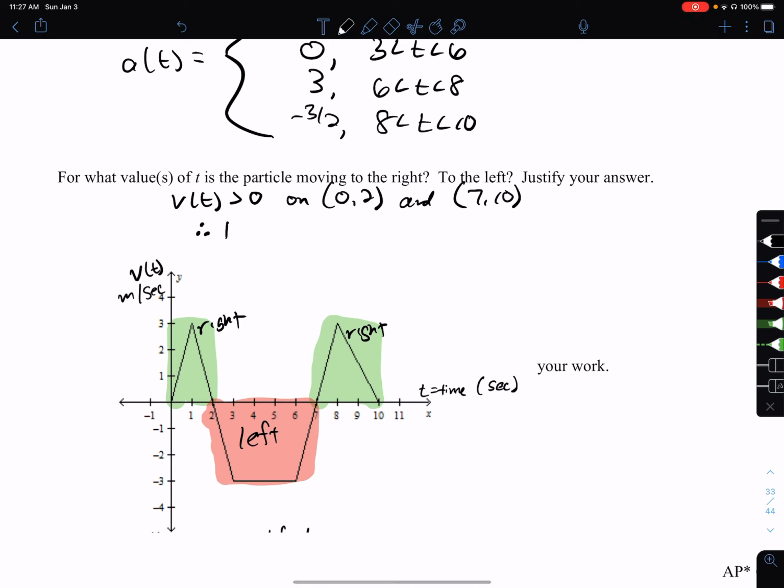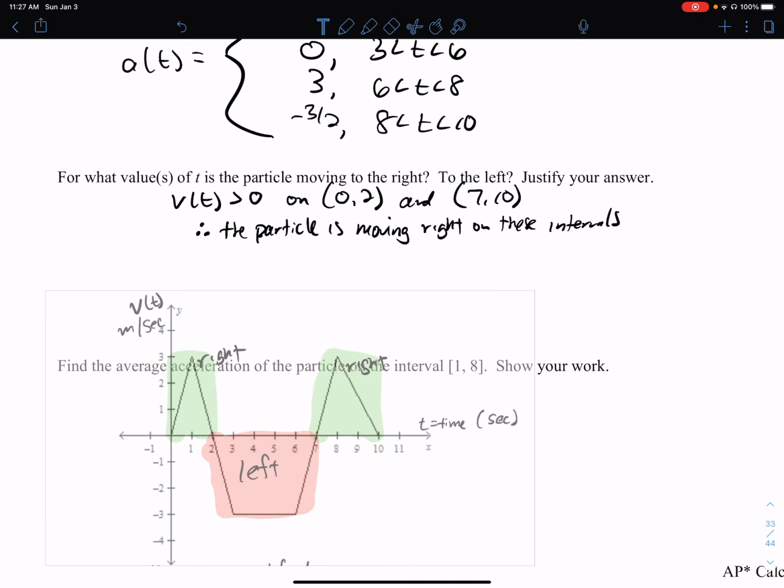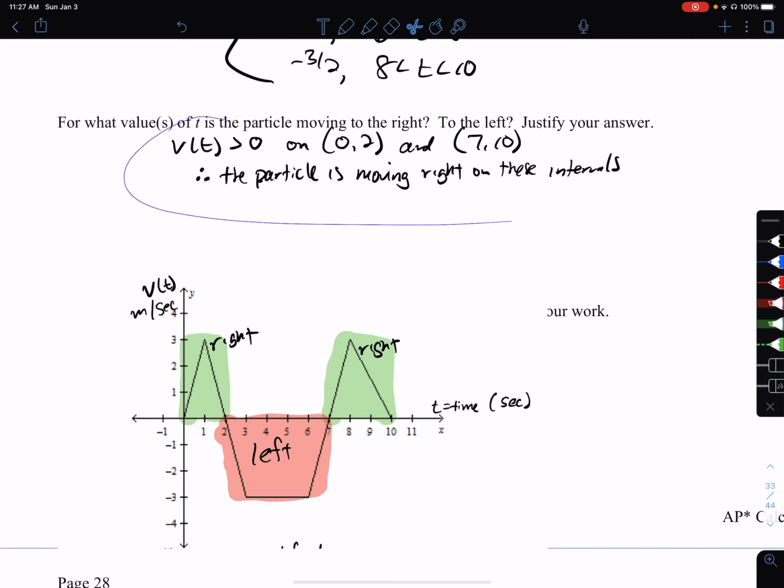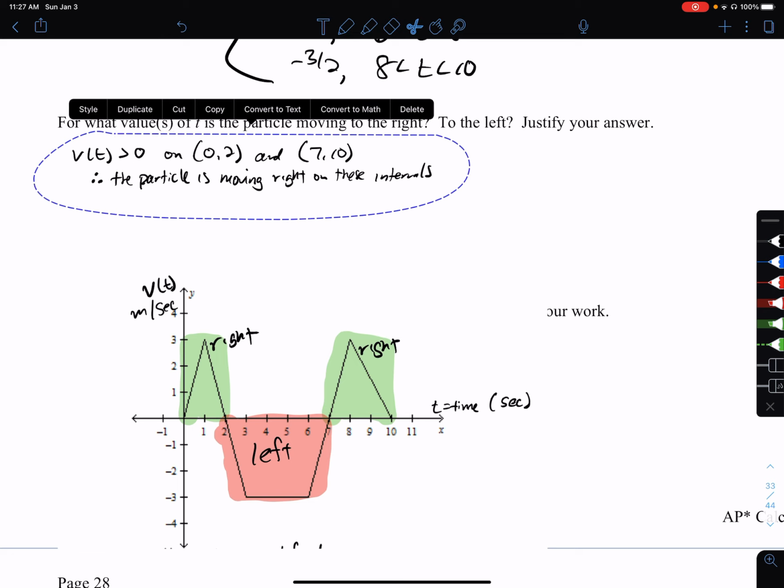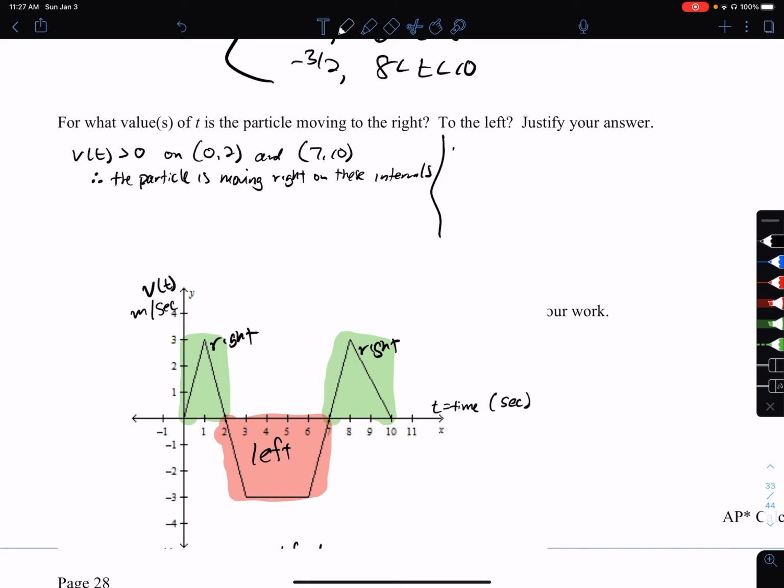The particle is moving right on those intervals. And then similarly, we could say v of t is less than 0 on the interval from 2 to 7, and therefore the particle is moving left on this interval.